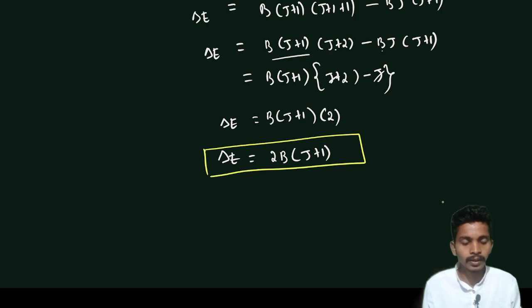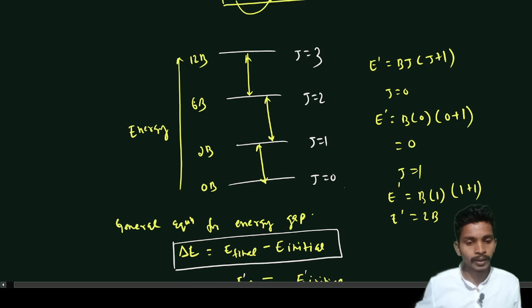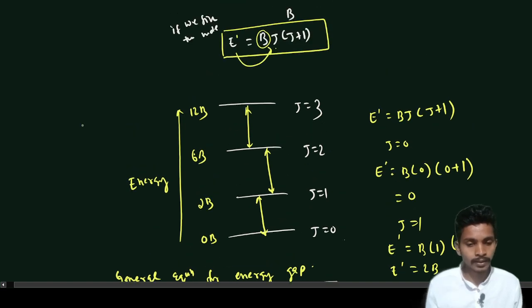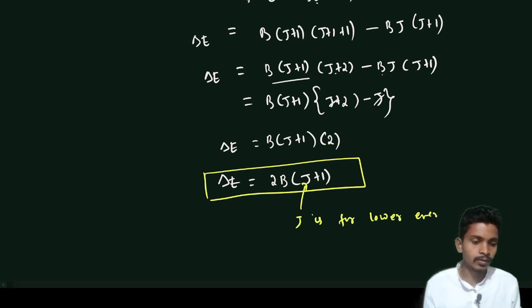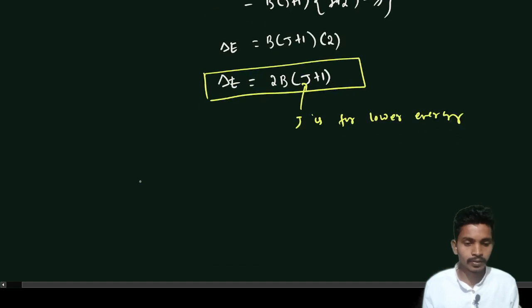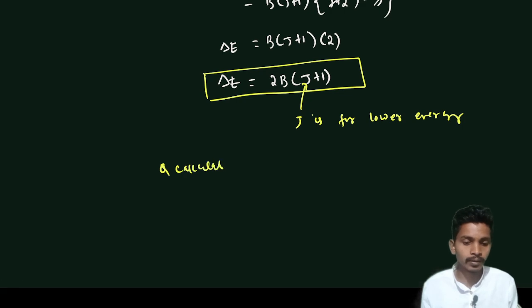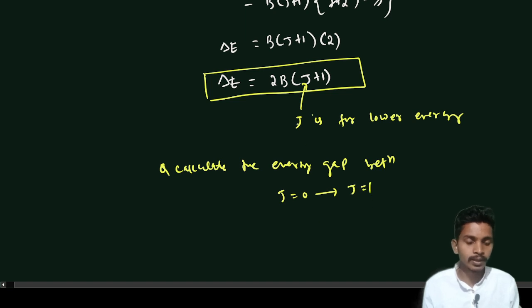So this is the general energy gap for any states. Note that this J is for the lower energy. Let's say if you take a transition and calculate the energy gap between J equal to 0 to J equal to 1, then this J will be this value, not this value, that is the lower energy.